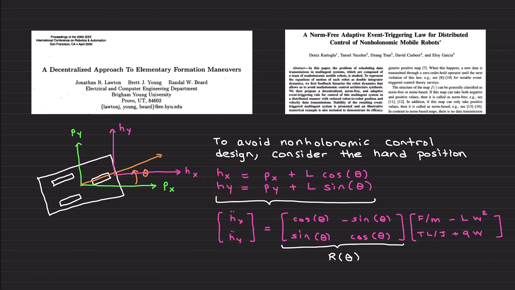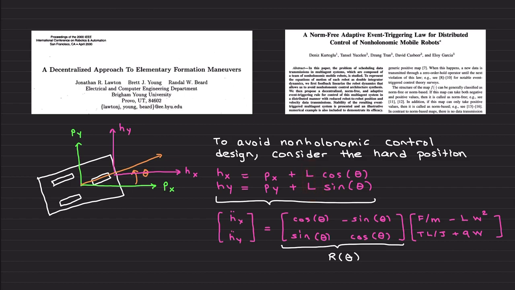These two relations capture how the hand position in x and y is related to the actual position. There is some constant L multiplied by cosine and sine of theta. In this paper written in 2000, L is fixed.